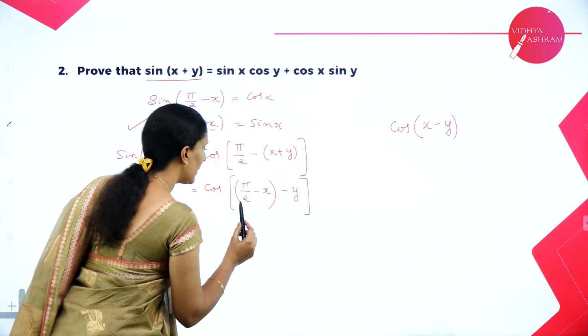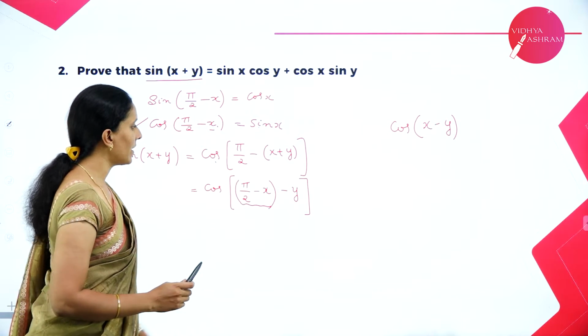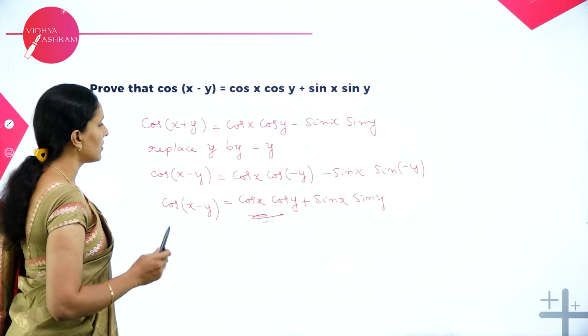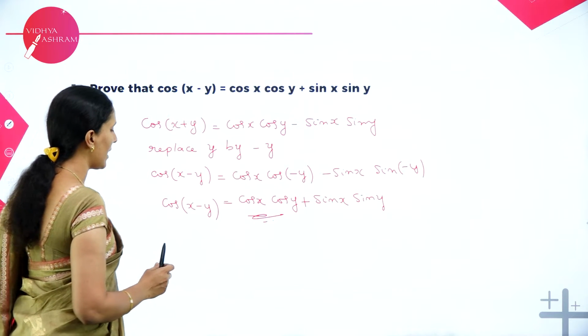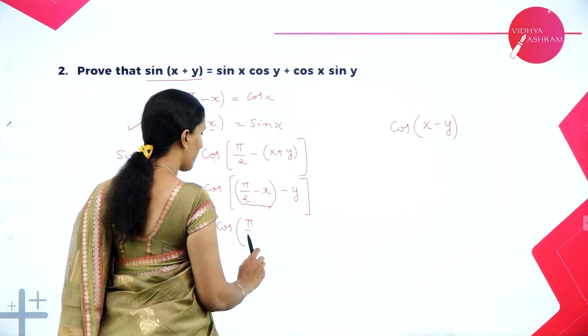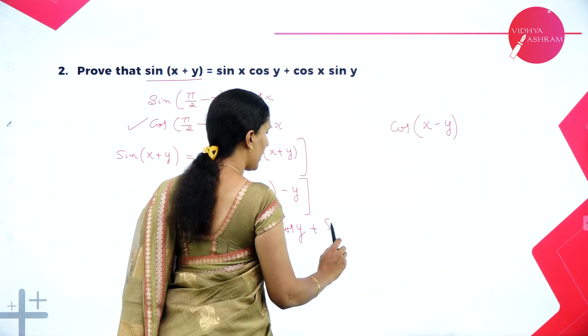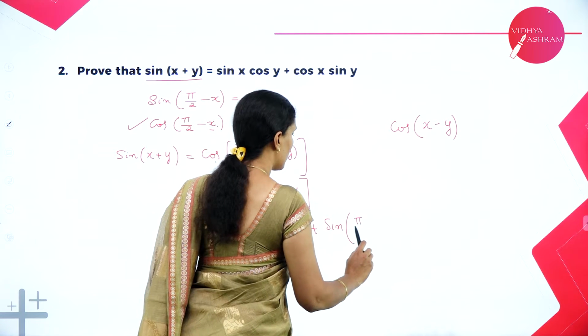That means this complete thing you can take as x. So what is the formula of cos(x minus y)? Cos(x minus y) is cos x cos y plus sin x sin y. So therefore this can be written as cos x cos y plus sin x sin y.